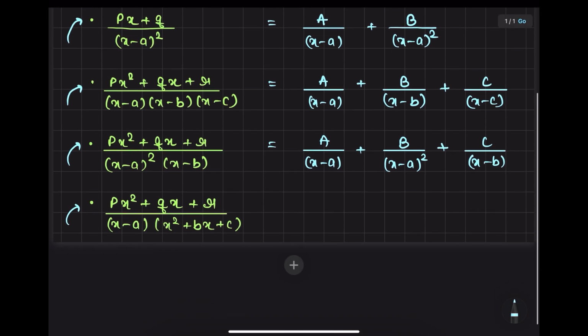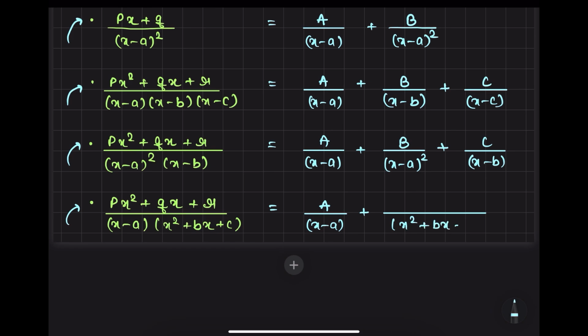Now look at the next component. If you observe, the first factor is x minus a. Write x minus a, start the power of x minus a from 1 and stop at the given power. This power is also 1, so you stop here. Now look at the entity inside the bracket. It is linear, so you write a constant, that is A. Then you write the next component, which is x square plus bx plus c.